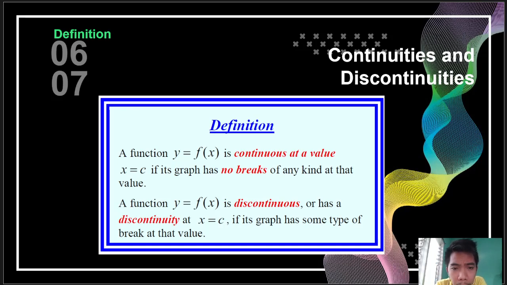A function y is equal to f of x is continuous at a value x is equal to c if its graph has no breaks of any kind at that value. A function y is equal to f of x is discontinuous or has a discontinuity at x is equal to c if its graph has some type of break at that value.